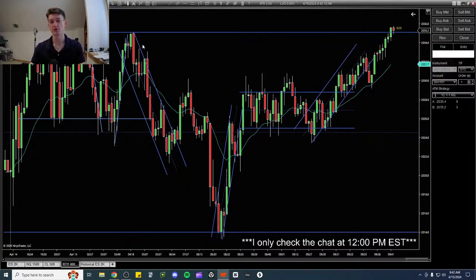The RTY is pushing through the overnight highs. Possibility for a lower high or failed second entry on RTY.